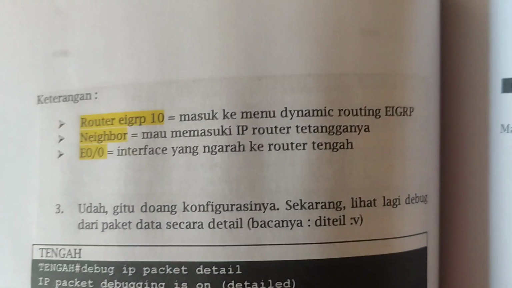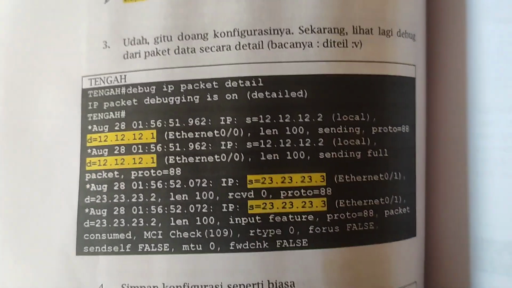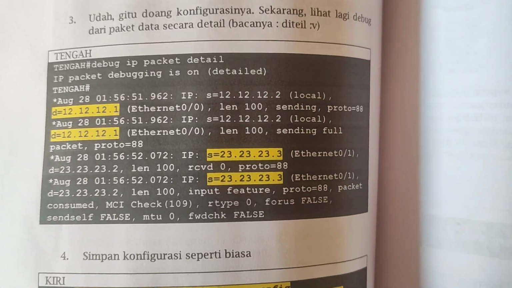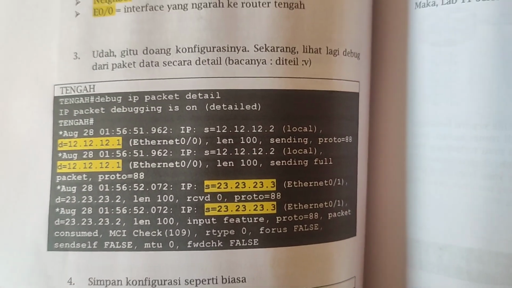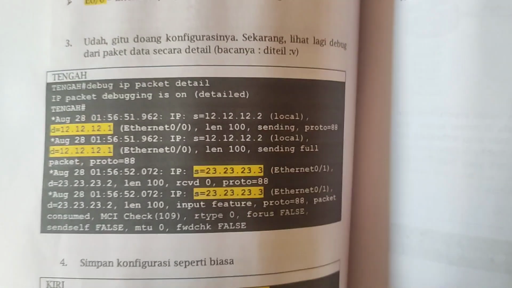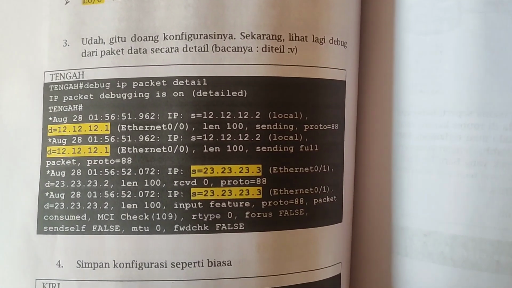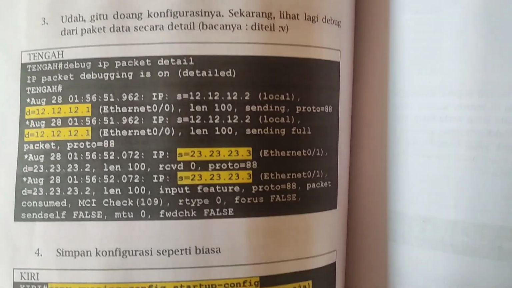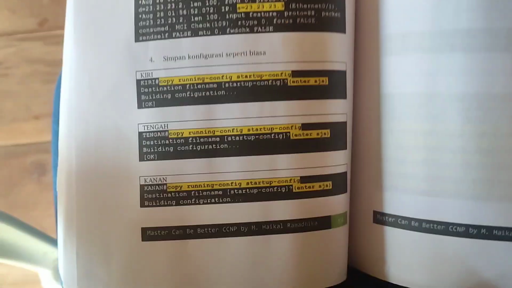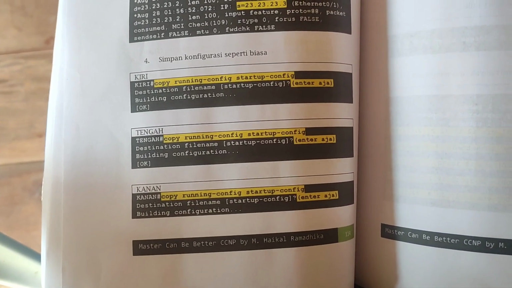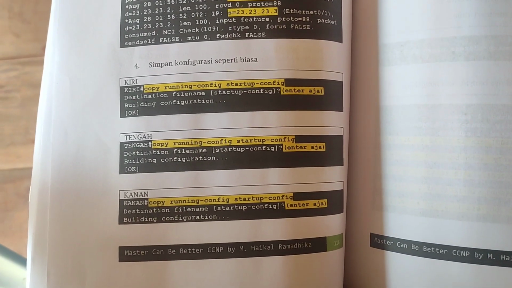After the configuration you can run debug ip packet detail, and there is information about destination and source. Then if you are done, you can save the configuration.